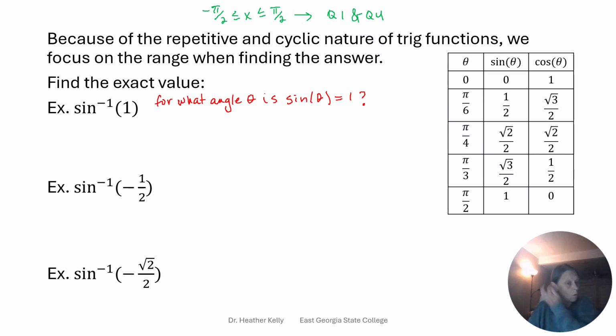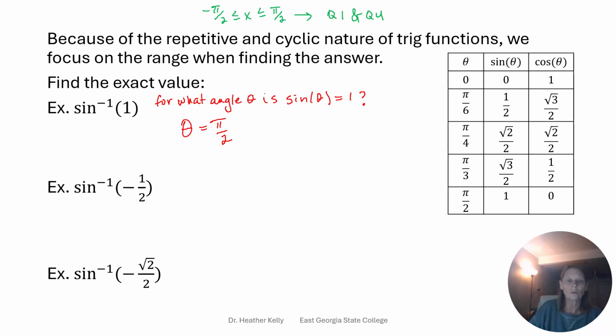If you work it out and you get an answer that is not in that particular quadrant, then you're going to have to do some work to get it back to that quadrant. So back to this question, for what angle theta is sine of theta equal to 1? Well, that is theta is equal to pi over 2, because sine of pi over 2 is equal to 1.